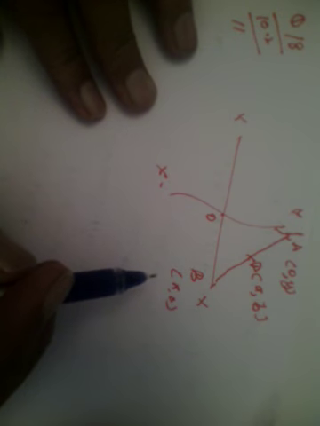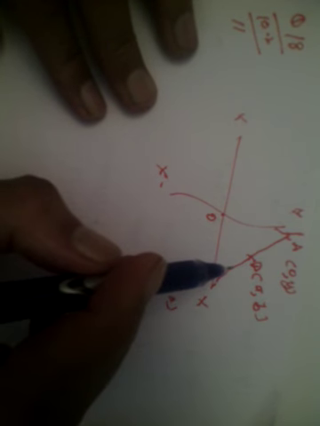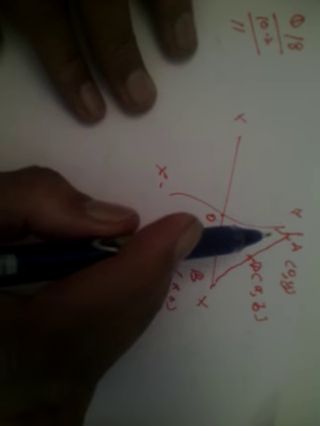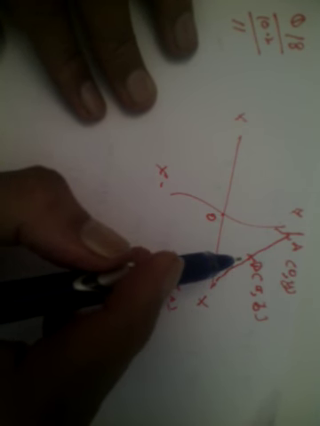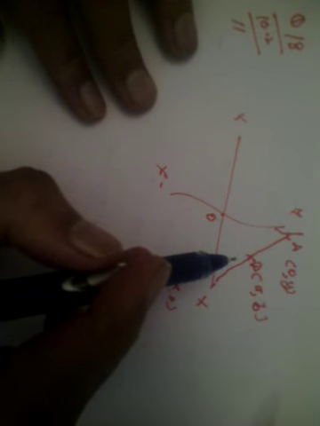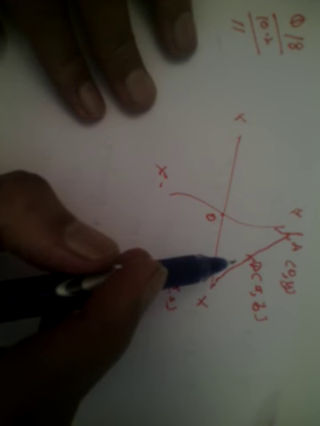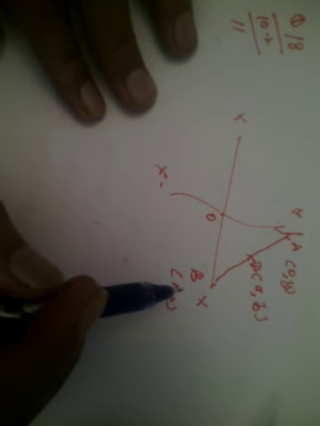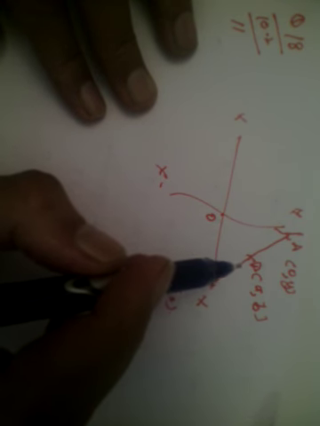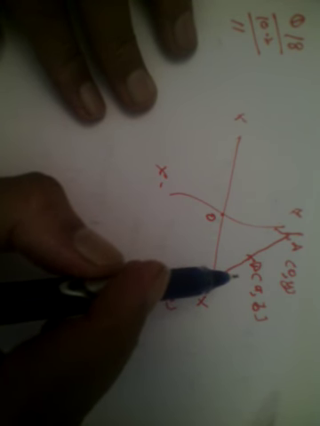So the point will be (x, 0). And P is the midpoint of line segment AB.